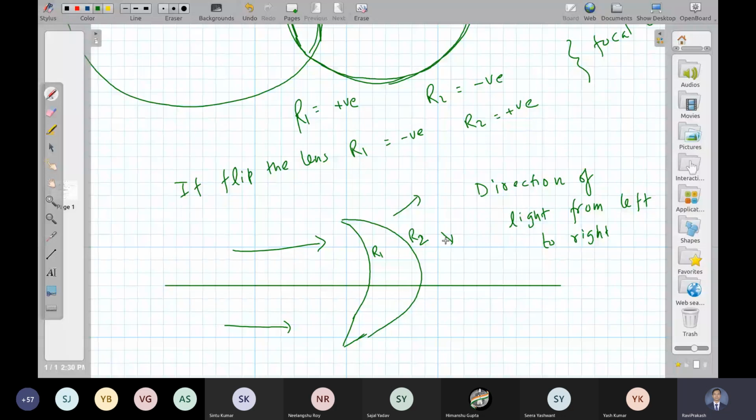So this is an implicit convention. Even if it is not told, this remains fixed. Light is always from left to right. Now what is R1 here? R1, R2 both are negative. Okay, and accordingly you can find the answer.